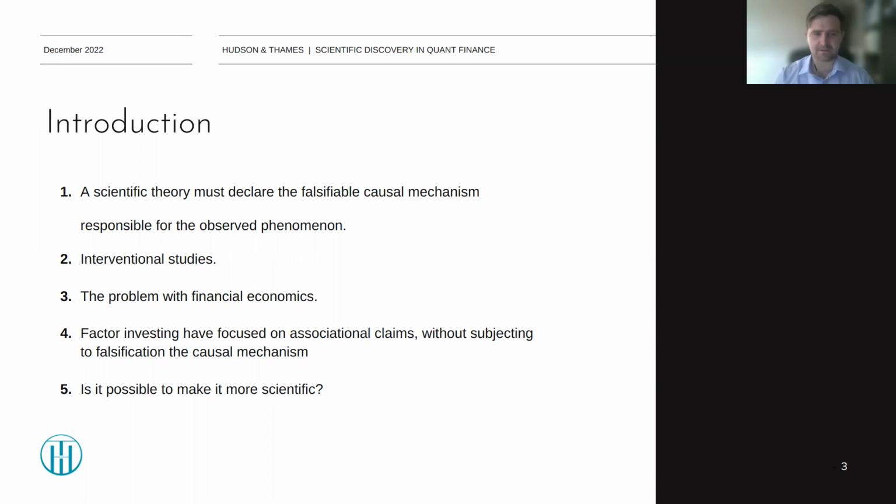But then there's the problem with financial economics. The main problem is that the data generation process is not easily repeatable. You can't look at the past 10 years of, for example, the S&P stock price and replicate those exact conditions or change just one minor thing, since there are so many variables coming into it.